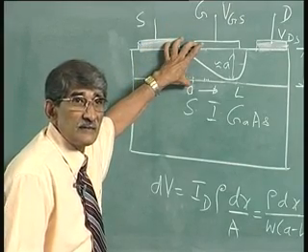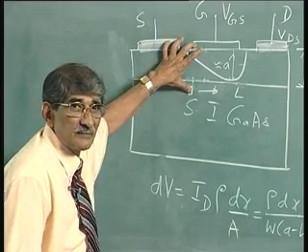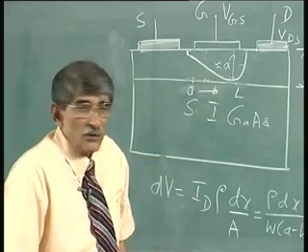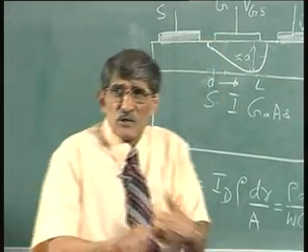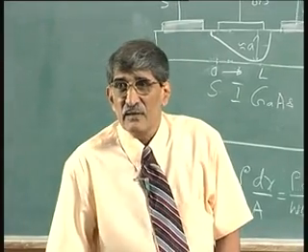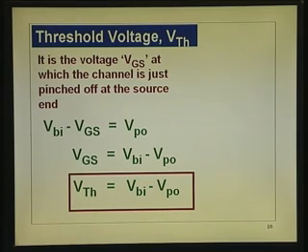And what is that quantity? V b i minus V g s should be equal to V p 0. So, when this is V p 0, there is no drop in the x direction. So, what you have is V b i minus V g s is equal to V p 0. That particular V g s is actually the threshold voltage.